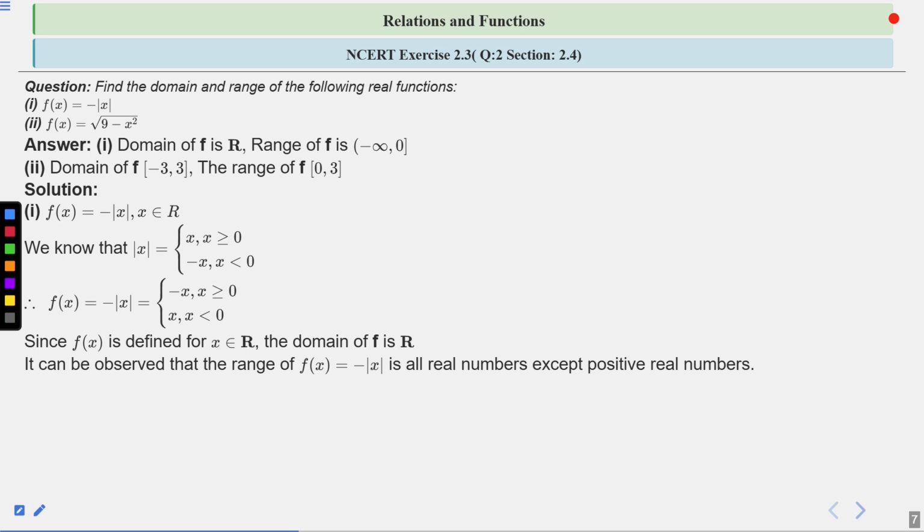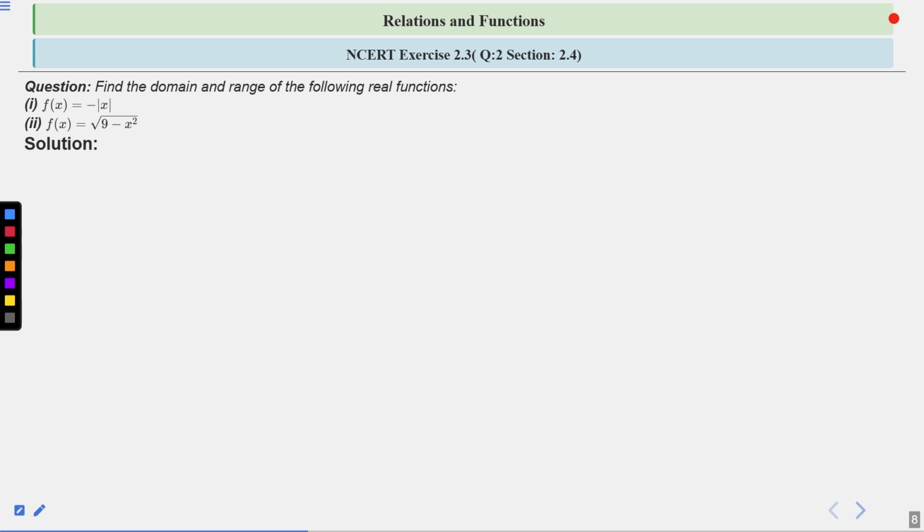It can be easily observed that f(x), which is minus of absolute x or mod x, always gives me what? Negative values as well as 0. It can give me 0, but not any positive real number. None. So the range is the interval open at minus infinity to closed at 0.